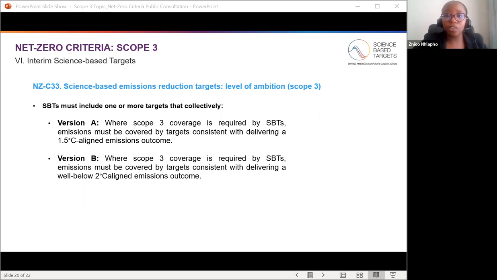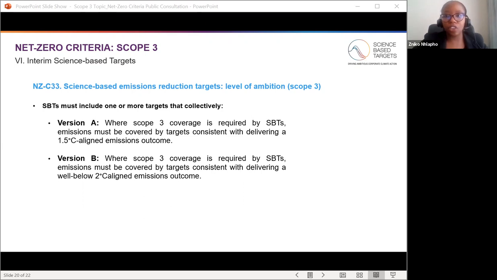It's also important to note, looking at these two versions, that the wording of this criterion differs from Criterion 30 of the draft Net-Zero Standard. The wording for this criterion is meant to suggest that some targets can be deemed consistent with delivering a 1.5 or a well below 2-degree aligned outcome without strictly relying on an emissions accounting based methodology.